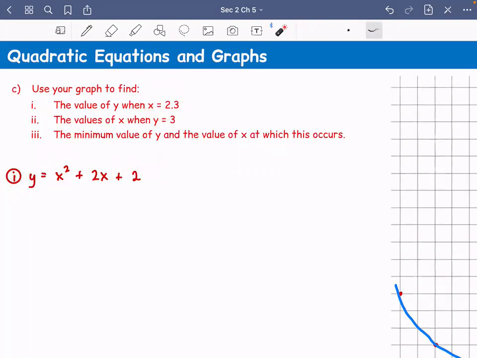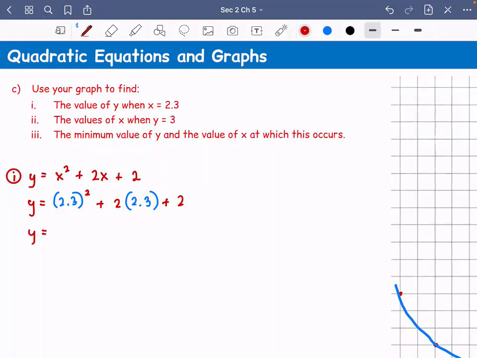Yes, of course. So this is 2.3 squared plus 2 times 2.3 and then plus 2. So you just use your calculator for this. It's allowed, of course.